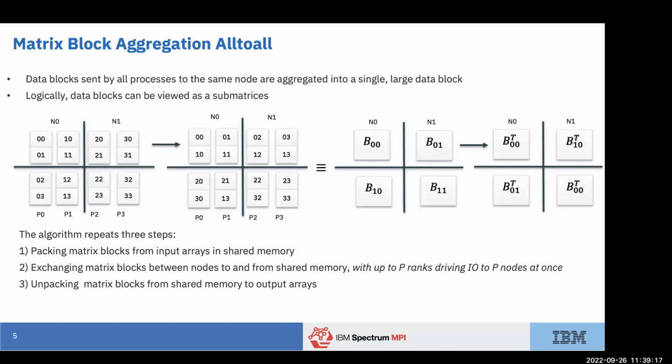We can consider each rank as a leader, so we have up to the number of leaders equal to the number of processes per node, which is P in this case. And at the end, we need to unpack matrix blocks from shared memory to the output array.